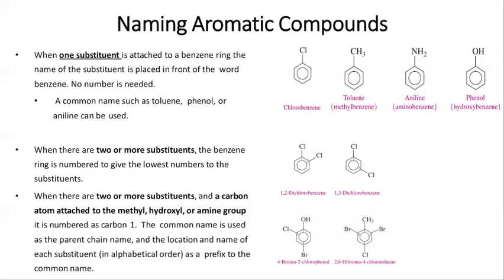No number needs to be placed in front of the substituent because wherever we have that substituent inside of the benzene ring is going to be carbon 1. Now, you guys need to be familiar with some common names that can be utilized for certain substituents that are present in a benzene ring.